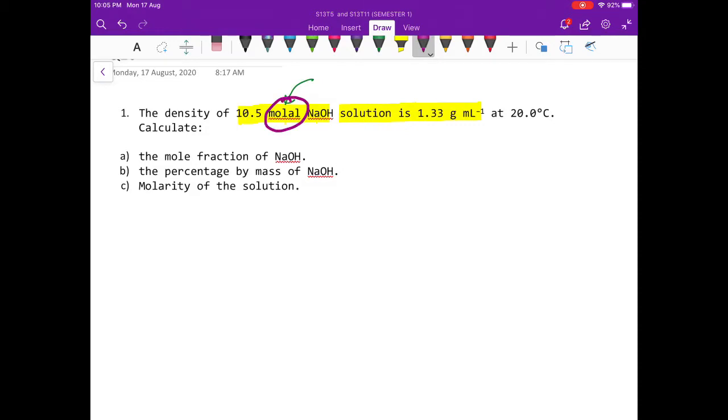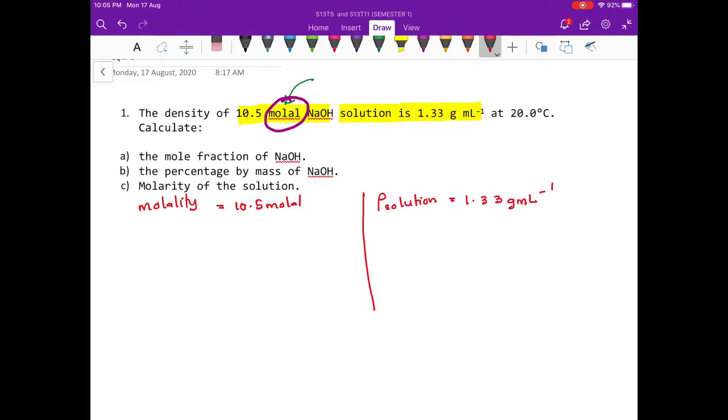So the first information is molarity is equal to 10.5 molar, and the second information is density of solution is equal to 1.33 gram per ml.